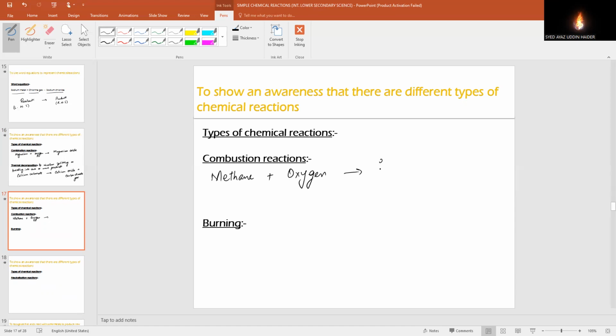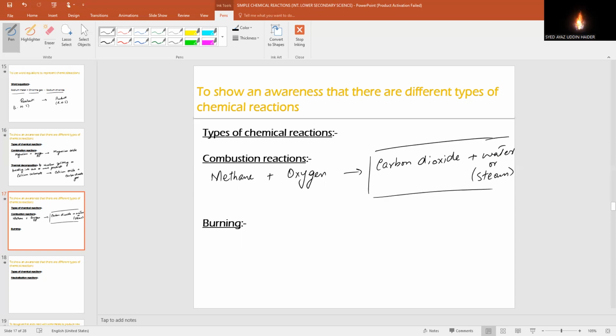So the products will be carbon dioxide and water. Sometimes we write steam also instead of water. So both are correct. But remember, combustion reactions involve the formation of carbon dioxide and water.